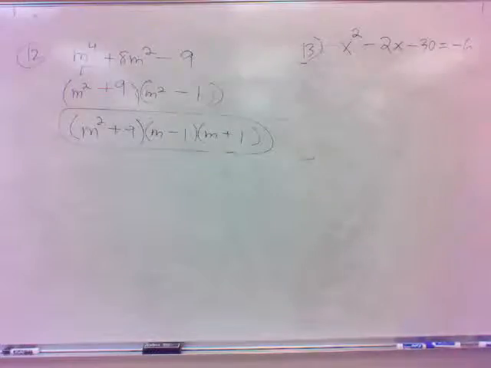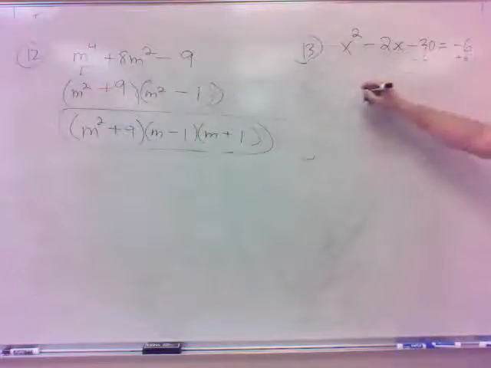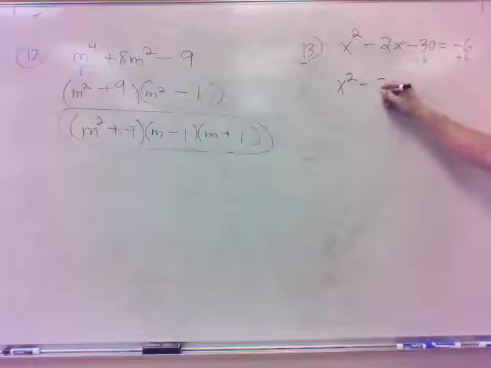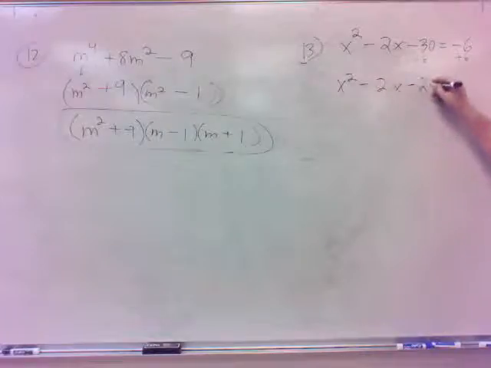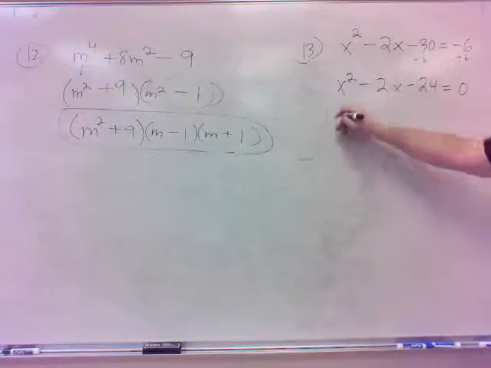So I'm going to have to move the 6 over to the other. So add 6, be the first step here. So we got x squared minus 2x minus 24 equals 0.